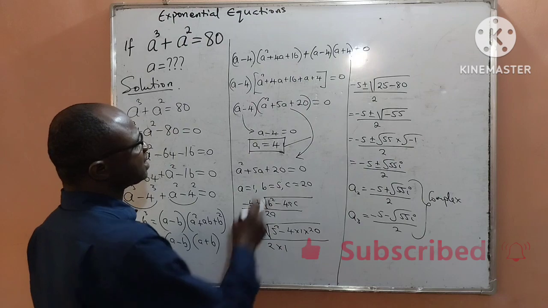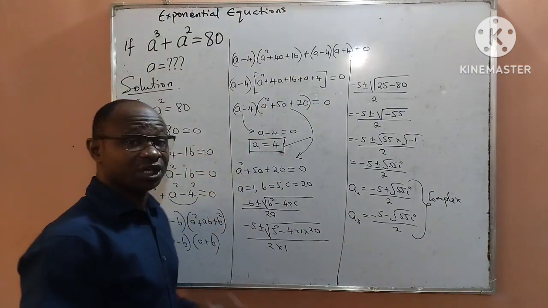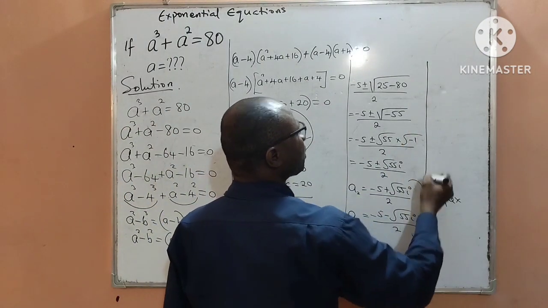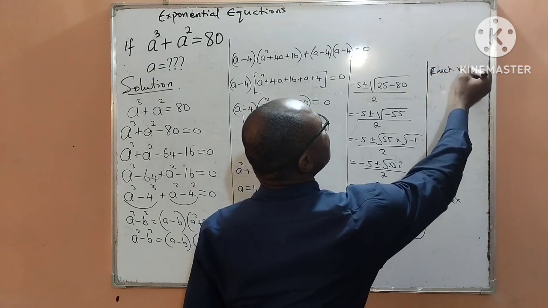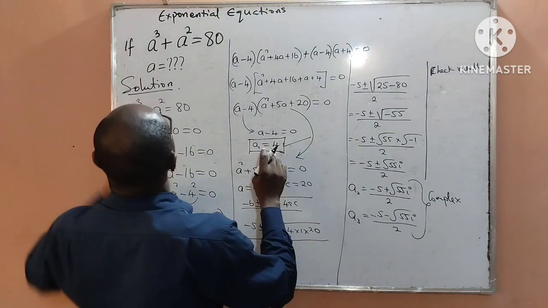What that means is that if we pick the value of a equal to 4 into this equation, it is meant to give us the two sides of the equation equal. Just a quick check of the result. We can only check the result where the solution is a real root.